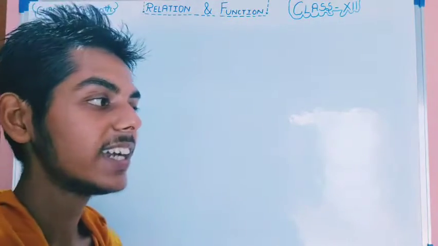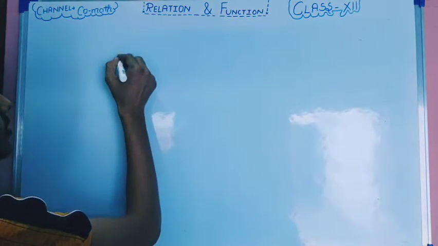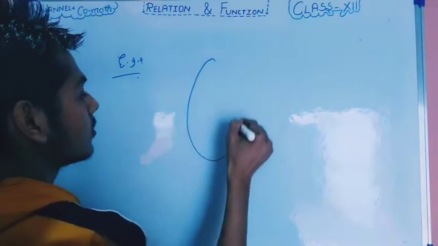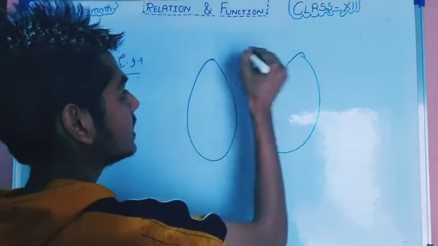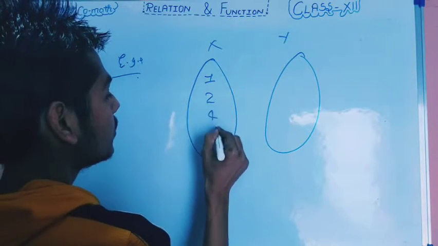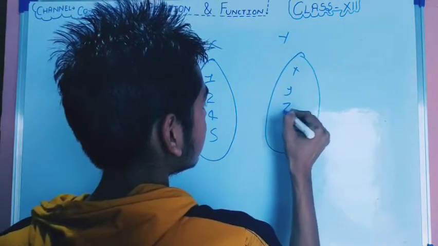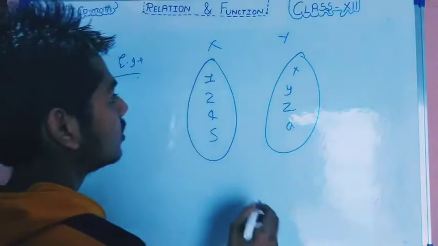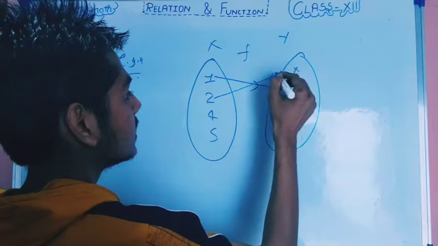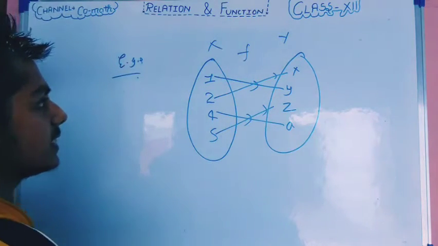Let's see a diagram, an example. Again, consider two sets x and y, and the elements in x are 1, 2, 4, 5. I choose some different ones, and the elements in y are x, y, z, a. Now, under function f, all the elements of the domain x are related to different elements in the set y.